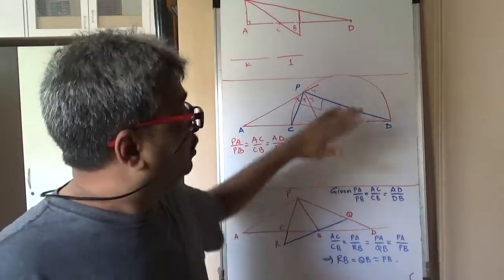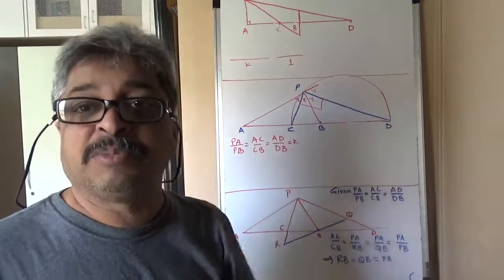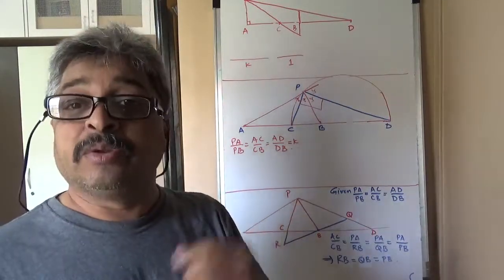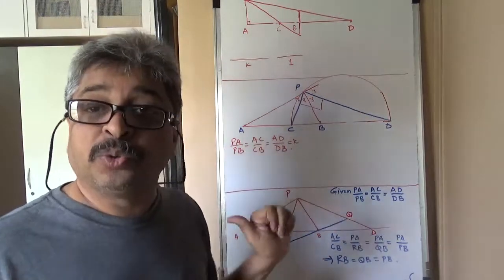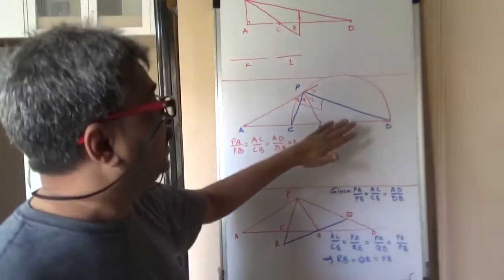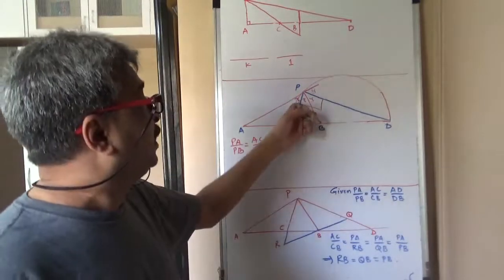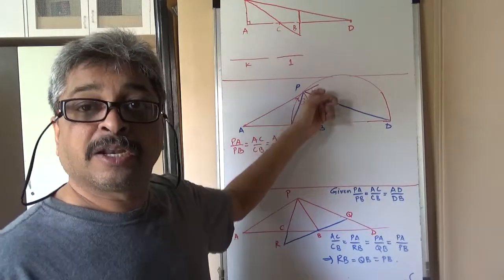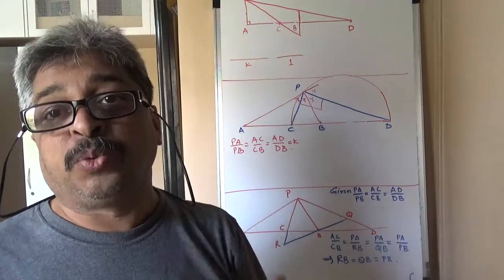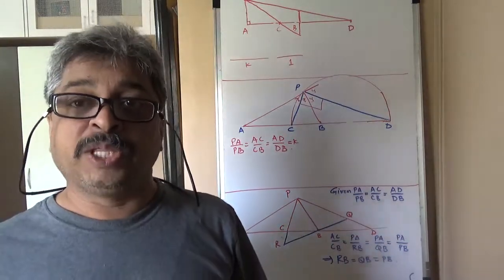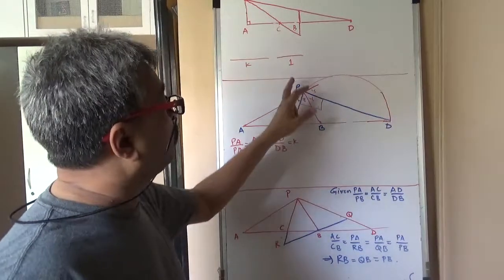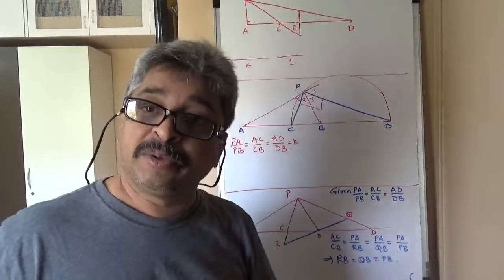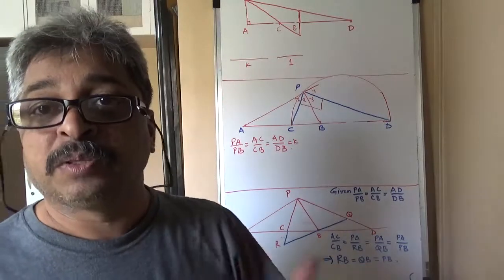Then the claim of this theorem is that every point on that semicircle, or rather circle, will give us the ratio PA upon PB exactly equal to K. That is what we have proved, and it is a simple proof because the internal angle bisector and the external angle bisector together, if we add, 2x plus 2y becomes 180, and therefore x plus y becomes 90, and the locus of point P which subtends 90 degrees with CD is going to be the circle.